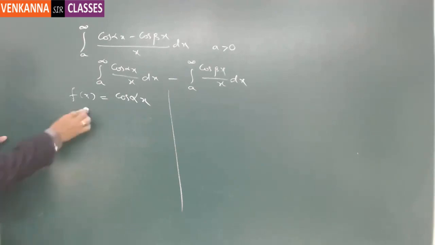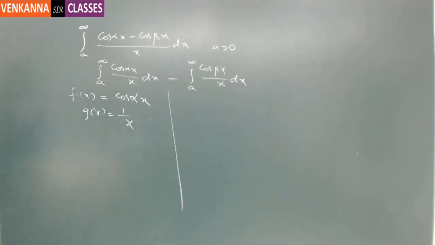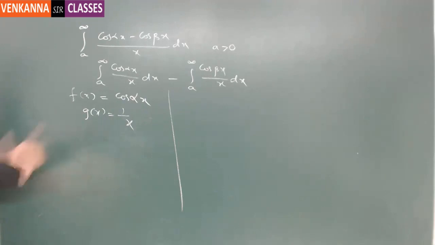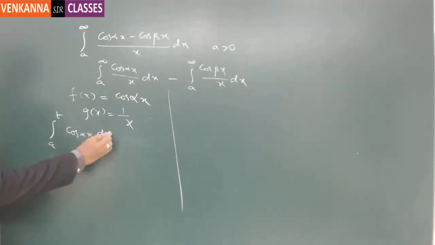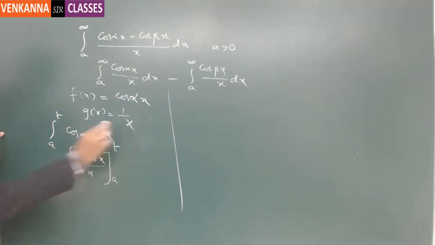And you take g of x is equal to 1 by x. So as usual, g of x is a monotone function. It is bounded and it tends to 0 as x tends to infinity. And for f, you consider integral a to t cos alpha x dx. The integration is nothing but sin alpha x by alpha between the limits a to t.